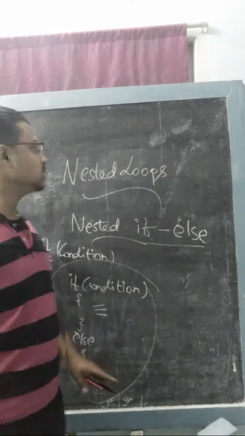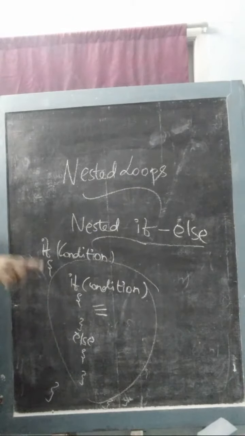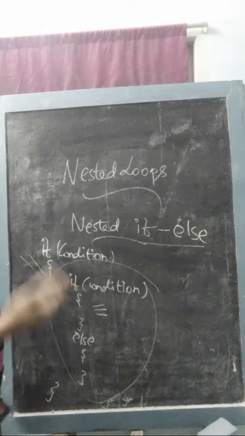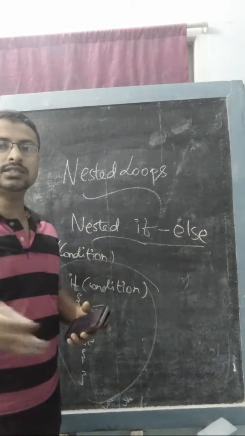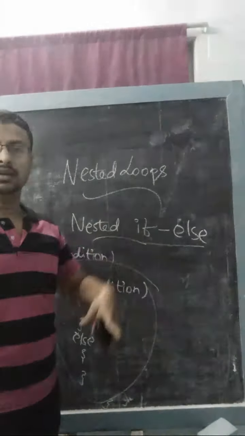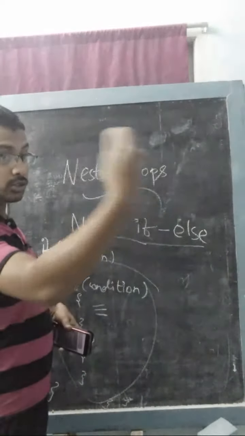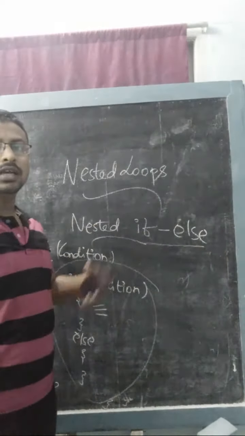Likewise, a loop inside another loop is called nesting of loops. There may be n number of nested loops; a loop inside another loop, and that inside another loop, like that it goes.